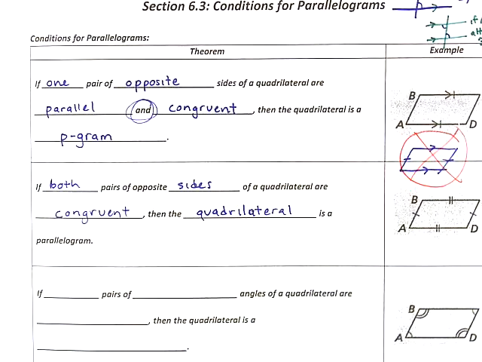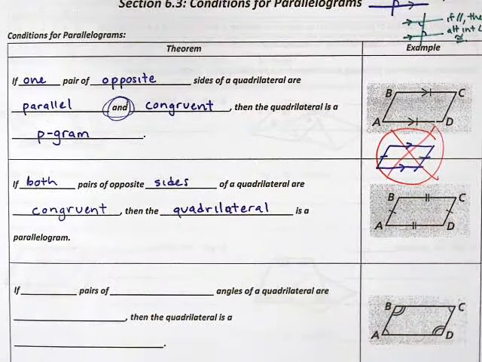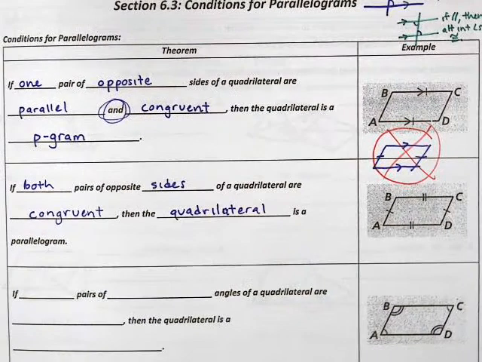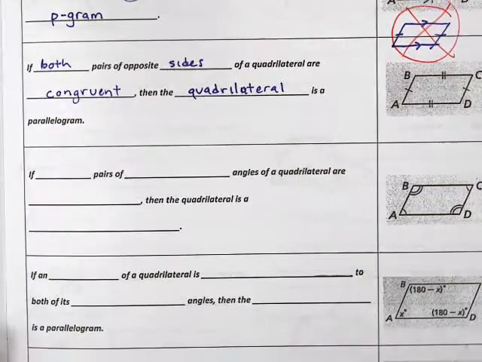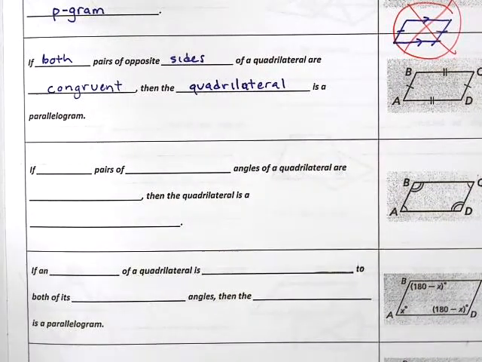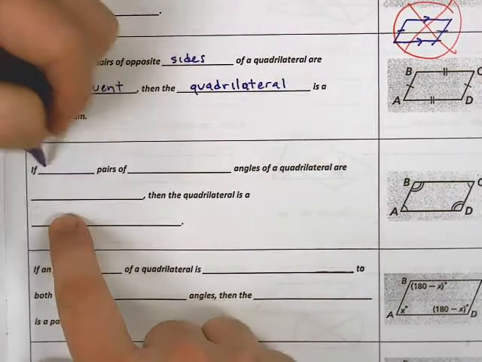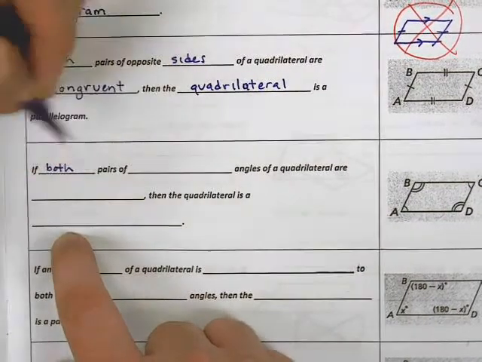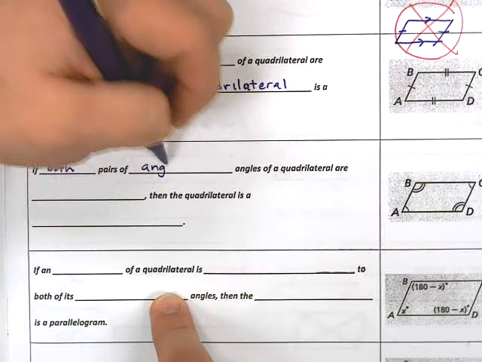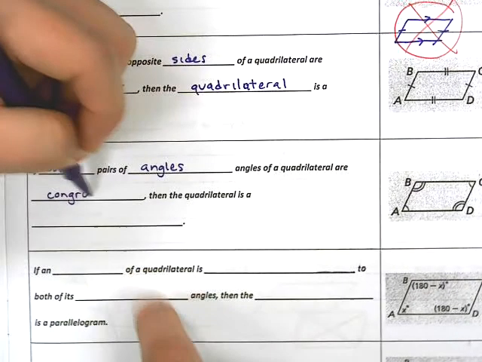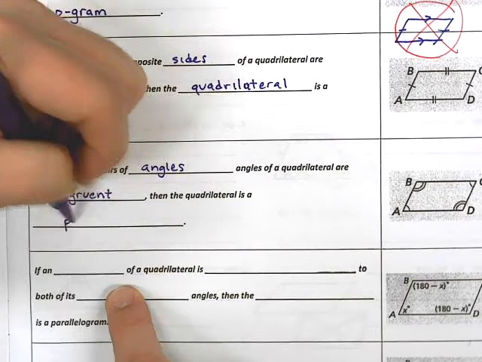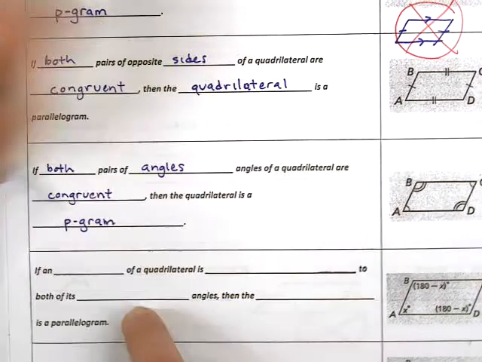Alright, we can just go backwards. And it looks something like this picture. Alright, moving right along, we start to look at some angles now. We had if parallelogram, then opposite angles congruent, and now we have if opposite angles are congruent, then parallelogram.